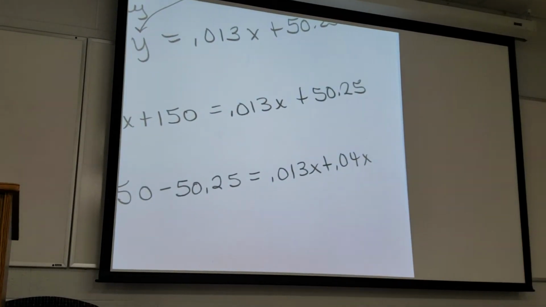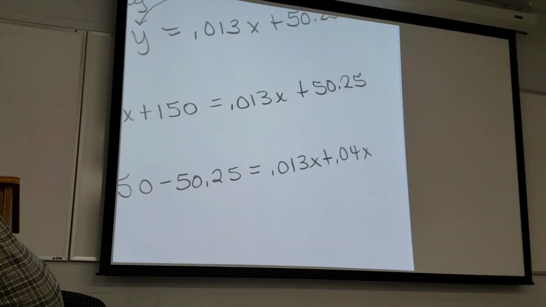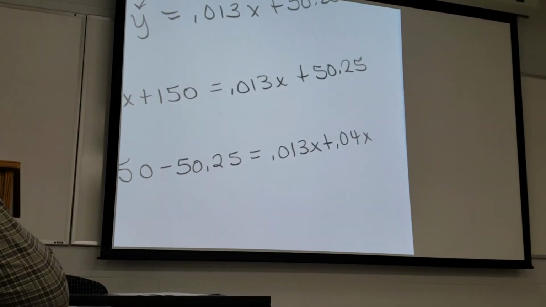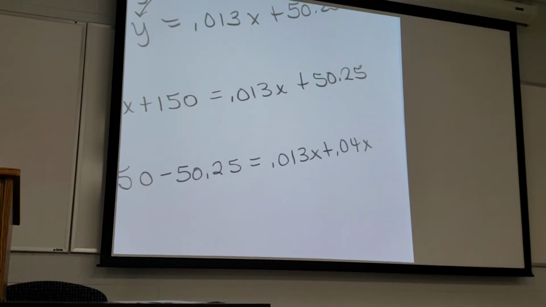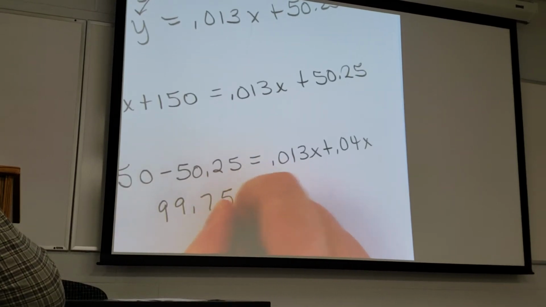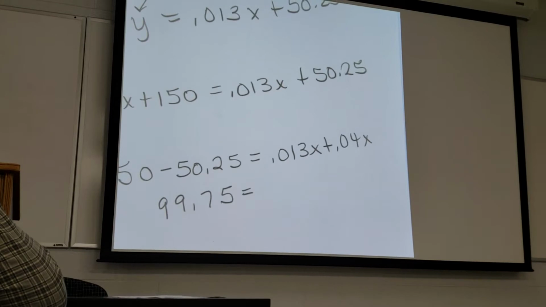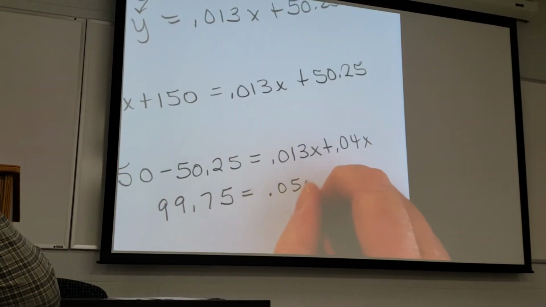So 150 minus 50.25, and 0.013 plus 0.04 is 0.053x.